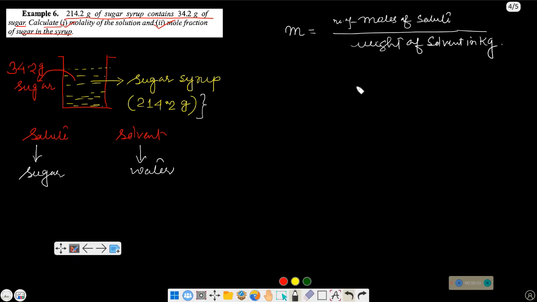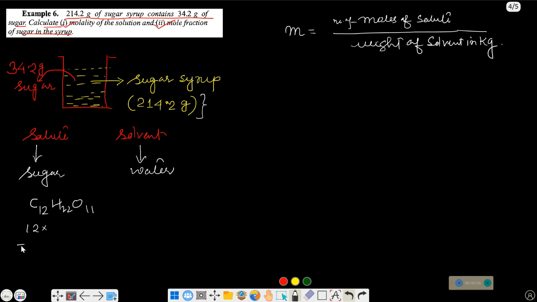Now what is the formula for the sugar? Because we need the number of moles for the sugar. So the sugar formula is C12H22O11. What will be the molecular weight of this? Given weight is 34.2 gram. The molecular weight will be 342 gram.